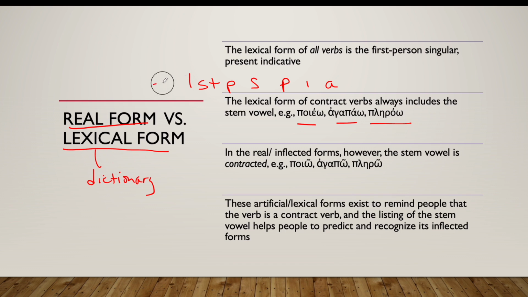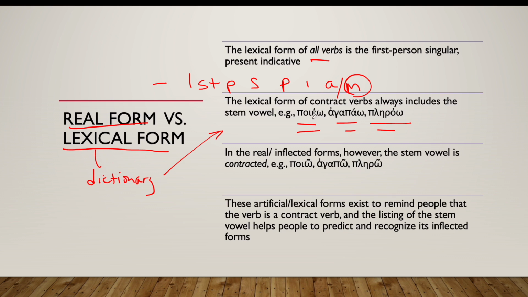That's the lexical form for all verbs, except if you have, say, a middle only. And this is the lexical form of contract verbs, what you find in the dictionary.